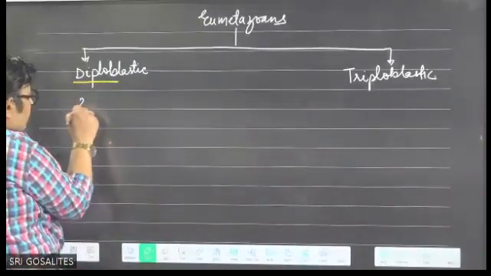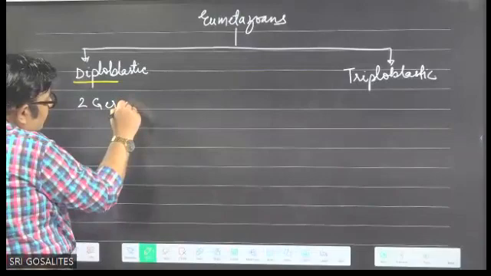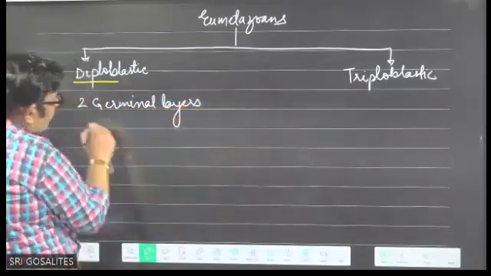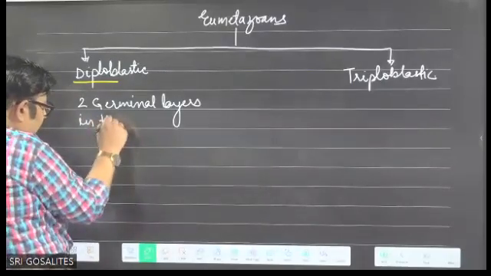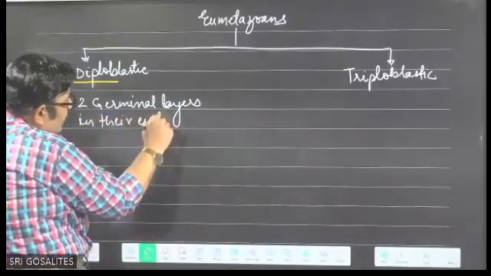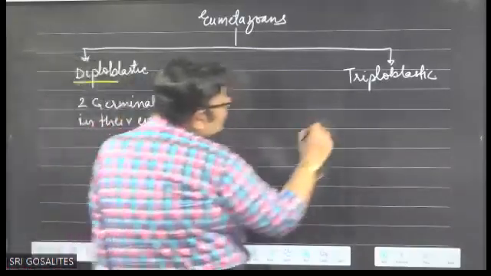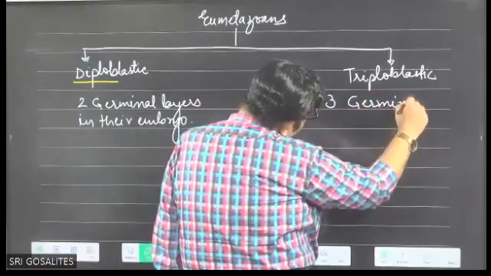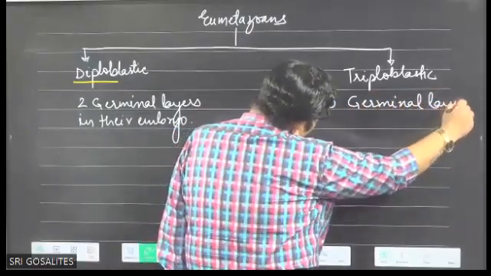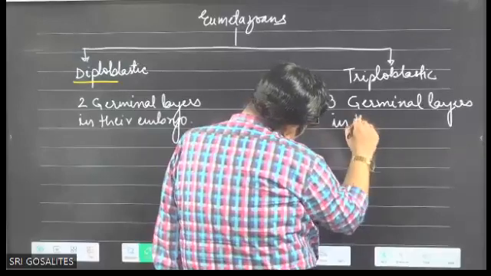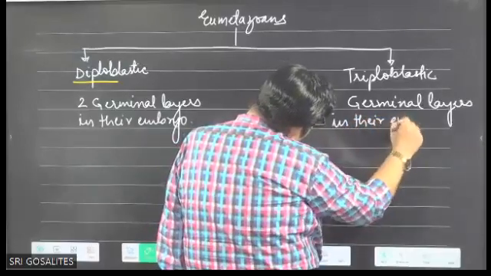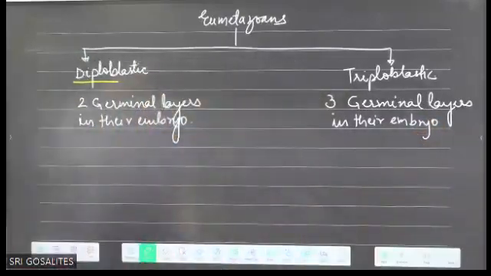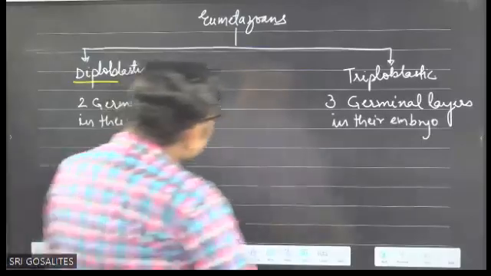They have 2 germinal layers in their embryo, okay? And here we have three germinal layers in their embryo. Three germinal layers in their embryo. Understood? This is triploblastic.